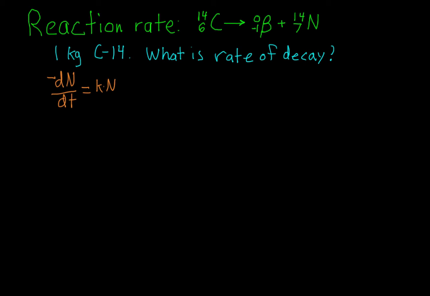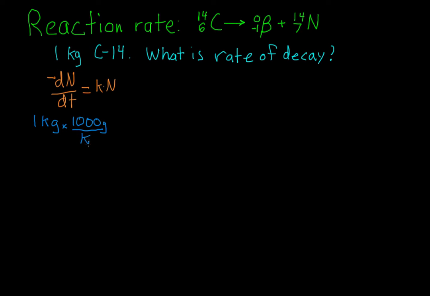The first thing we need to do before we can solve this problem is convert the number of kilograms of carbon-14 to a number of atoms, because for nuclear decay, the reaction rate is expressed in terms of atoms. We start with 1 kilogram and do some stoichiometry, which is not that fancy, to get the number of atoms.